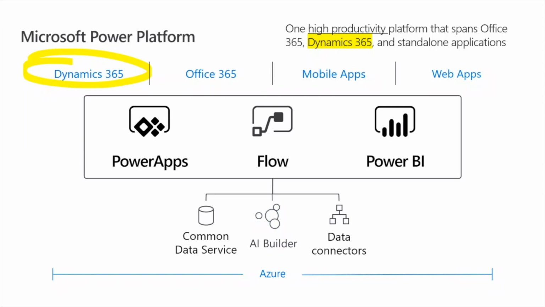So today, the entire platform is actually running on Azure, and on top of the Azure platform, which provides essentially low-level services like Azure SQL or Logic Apps, etc., we have built the Power Platform, which is the CDS, Flow, Power Apps, and all the connectors that come with it, and also some of the more recent things like AI Builder. So the entire Power Platform is essentially sitting on top of Azure.